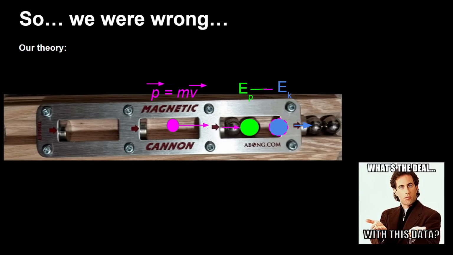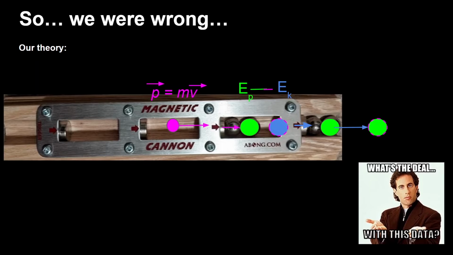And that energy will then be transferred to the final ball, which is shot out of the cannon. That ball has both the speed from the trigger, and the speed from the second ball bearing, which had its potential energy transferred to kinetic energy.